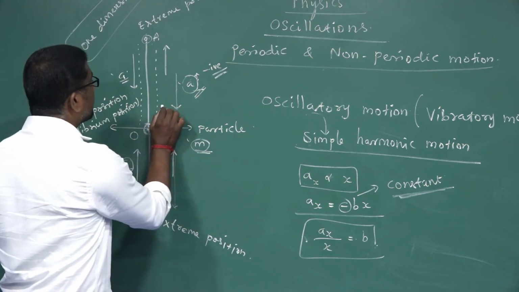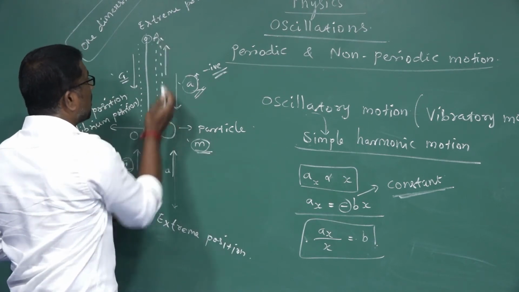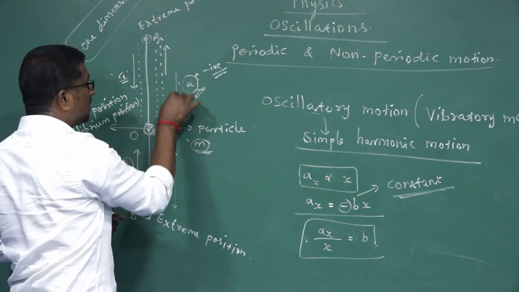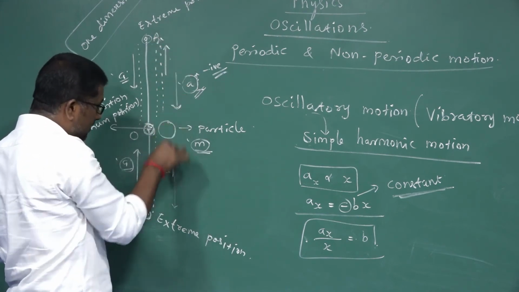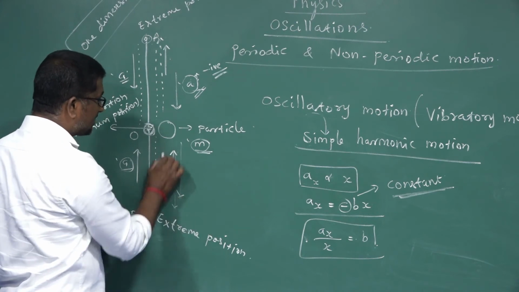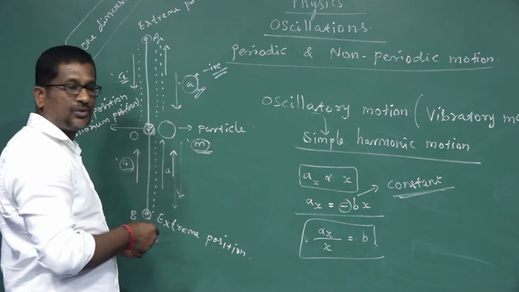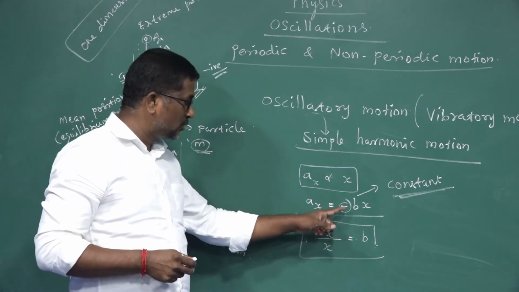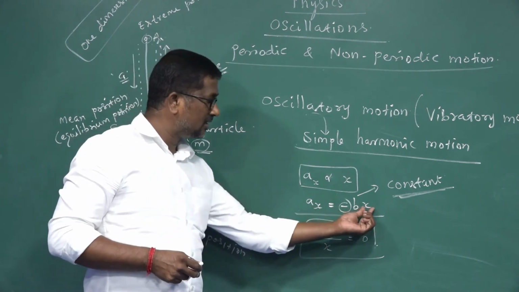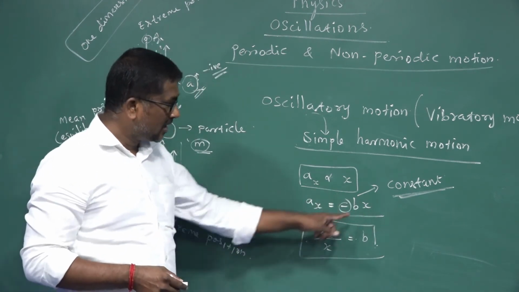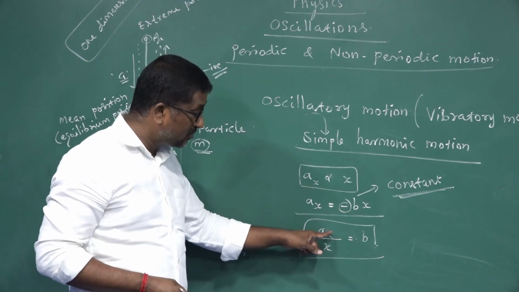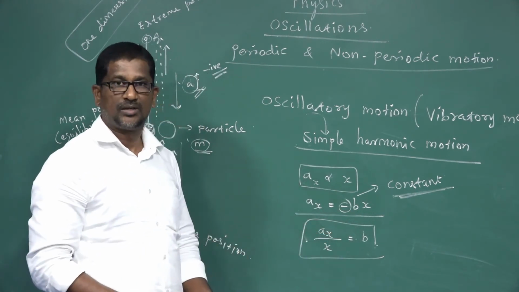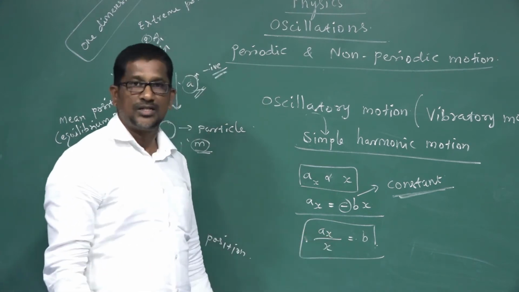If the displacement of the particle is along one direction, the acceleration of the particle becomes opposite. So the negative sign indicates acceleration and displacement are in opposite directions, and b is a constant which measures acceleration per unit displacement.